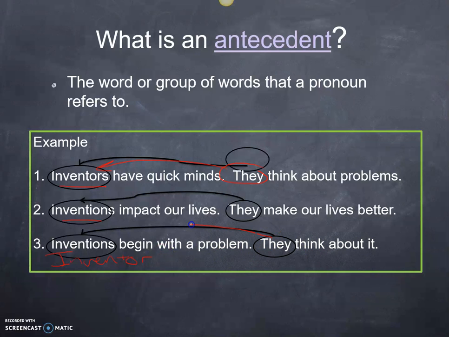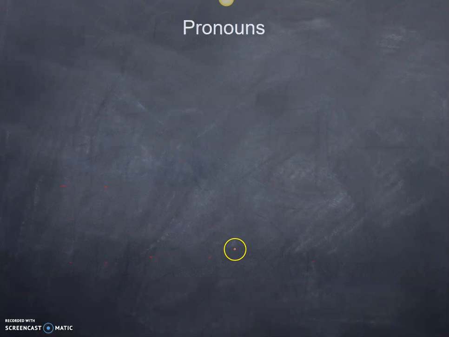So this is referring to inventors. There's also a second pronoun in this sentence. Well, what is it? It is referring to the antecedent problem. We don't need to say problem again. We can use the pronoun it, which refers to problem.